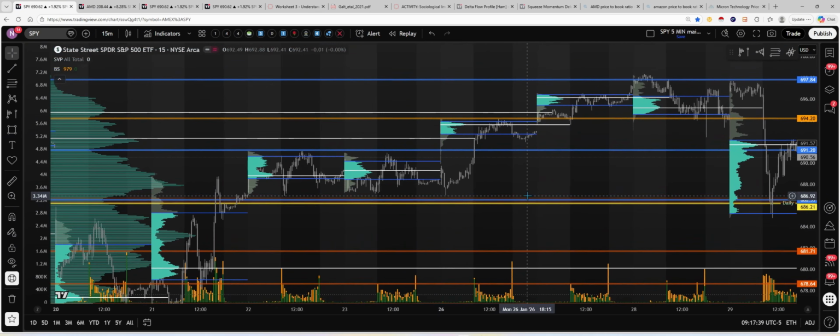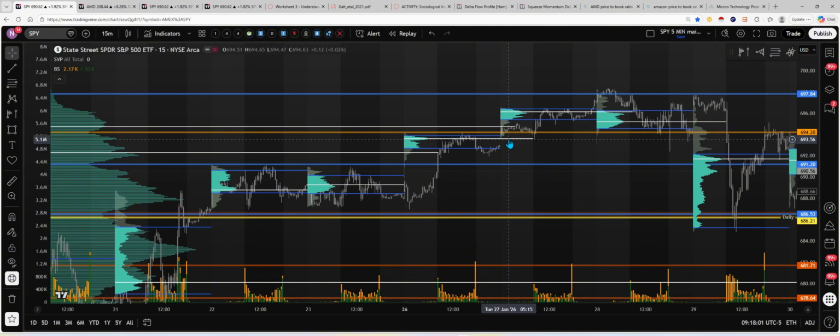What it means is, let's take this trading day, for example. Price pushed up into this next volume area up here and then had a concentration of volume in this area. That means price was discovering higher, and then we had a significant amount of business transacted in this range up here.